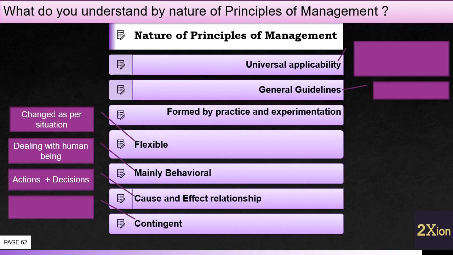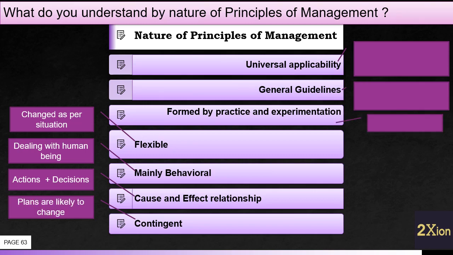And next is contingent. Contingent means even though we are planning well ahead of what we are going to do, still these plans are likely to change.